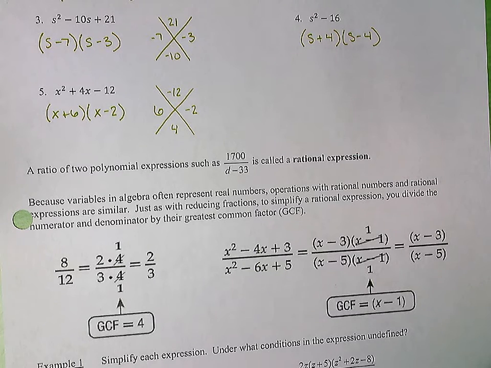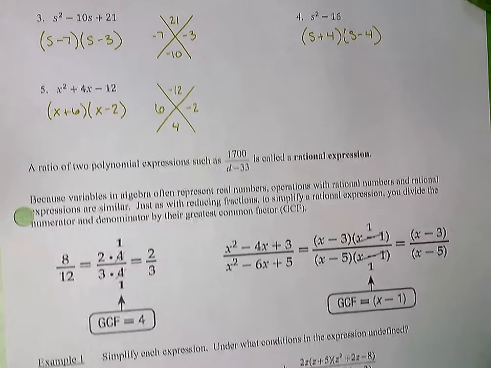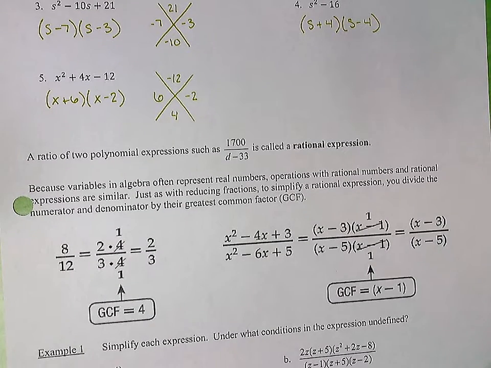So you have a fraction with variables in your denominator. Because variables in algebra often represent real numbers, operations with rational numbers and rational expressions are similar. Just as with reducing fractions, to simplify a rational expression, you divide the numerator and denominator by their greatest common factor.